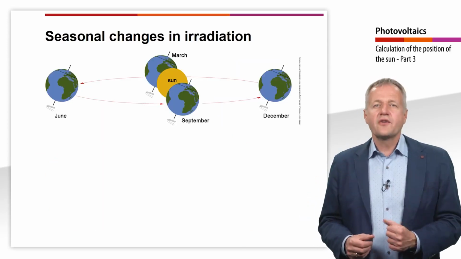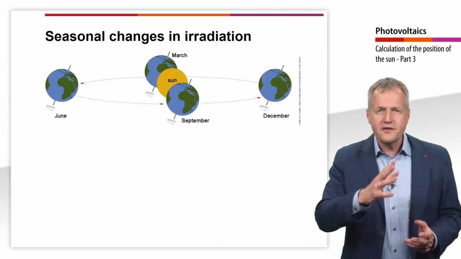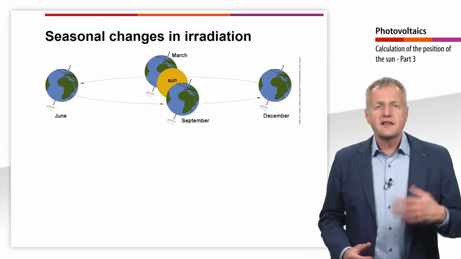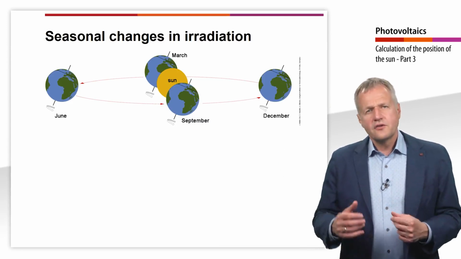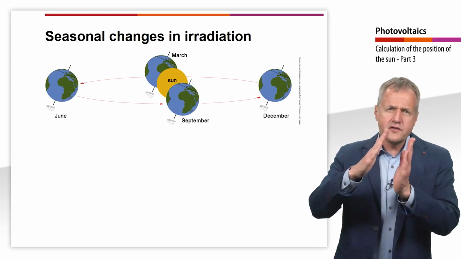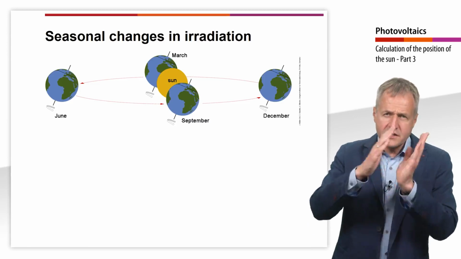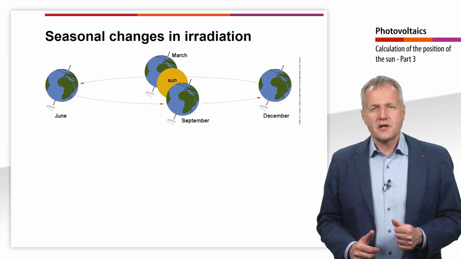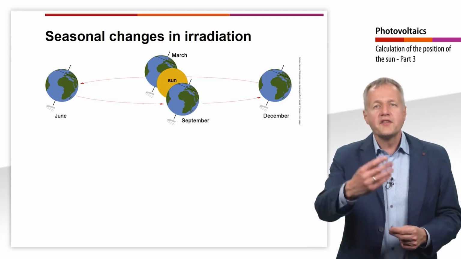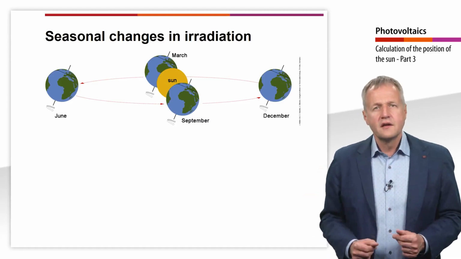This picture illustrates the movement of the Earth around the Sun in the center and explains seasonal variations in irradiation. The rotational axis of the Earth around itself is tilted by 23.5 degree with respect to the ecliptic, the plane which is formed by the movement of the Earth around the Sun.